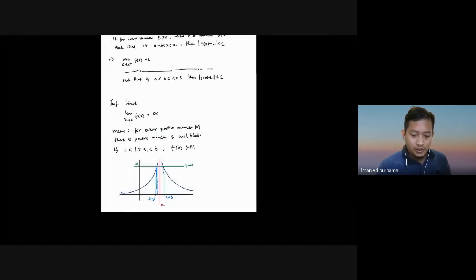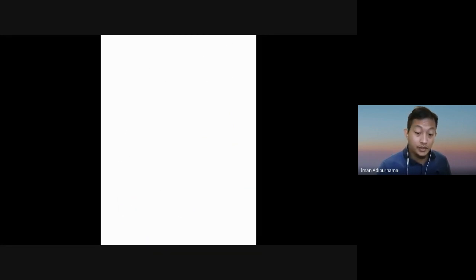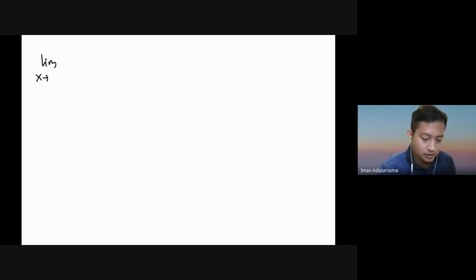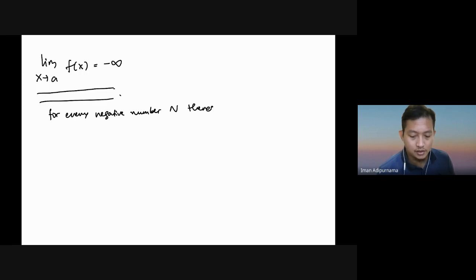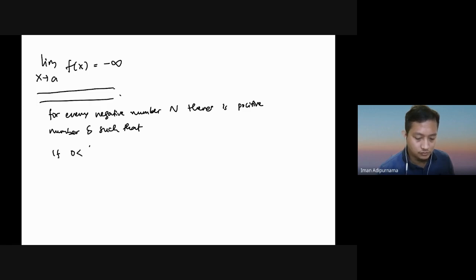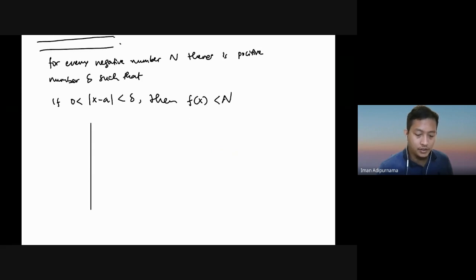Okay, so the other way around, if you have the other infinite limit, where limit x approaching a is getting negatively large, this will be true for every negative number n, there is a positive number delta such that... and it is similar to m, but on the negative side.